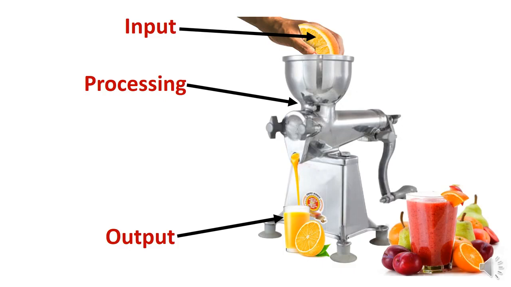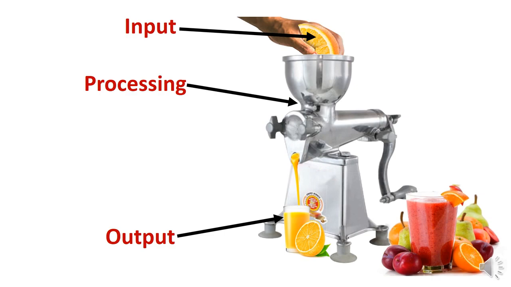Now here is one more example on the screen. The example is fully related to how a computer works. The juicer machine works the same way your computer works. Let us see how. In the juicer machine, as you can see at the top, I have written input.